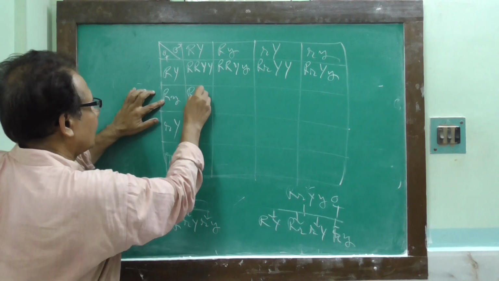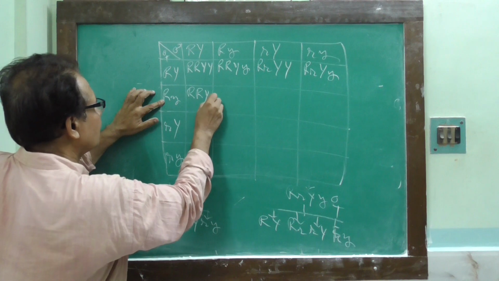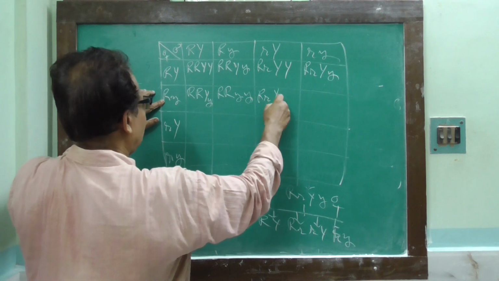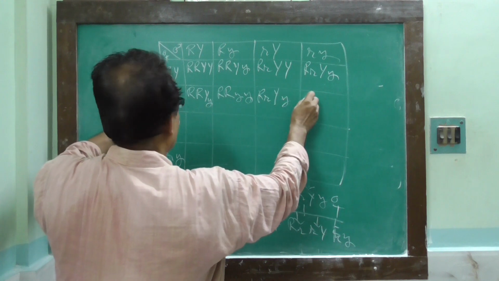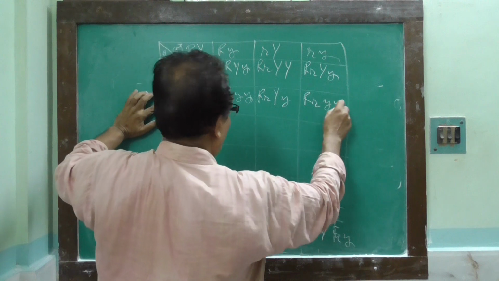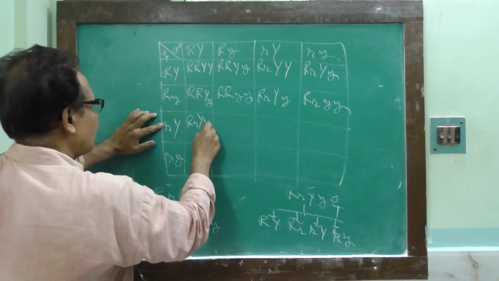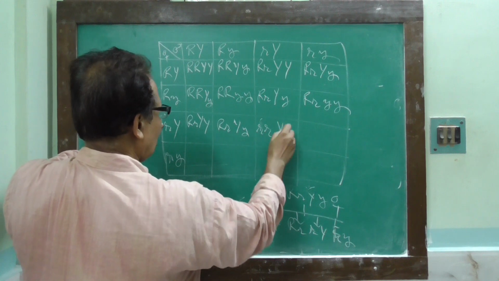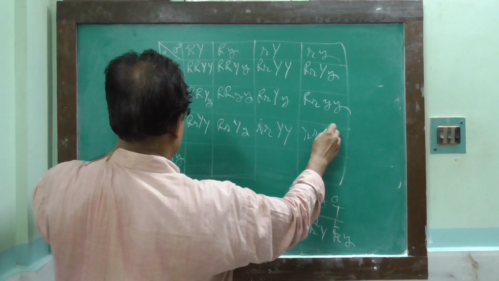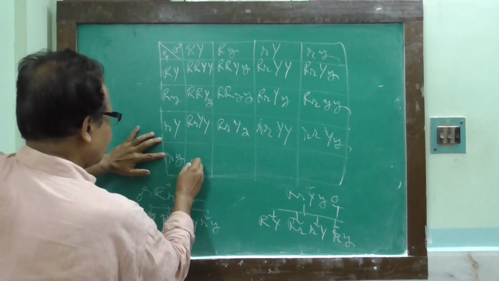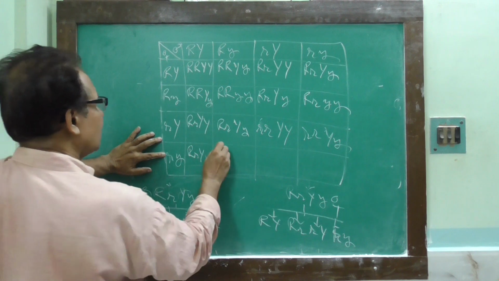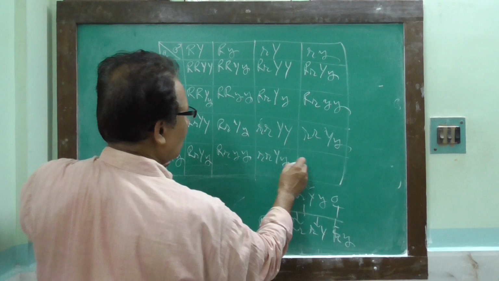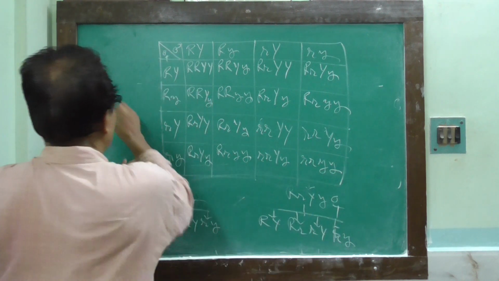Now the second, the capital R, capital Y, small y, capital R, small y, capital R, small r, capital Y, small y, and so on through the remaining cells of the checkerboard. F2.